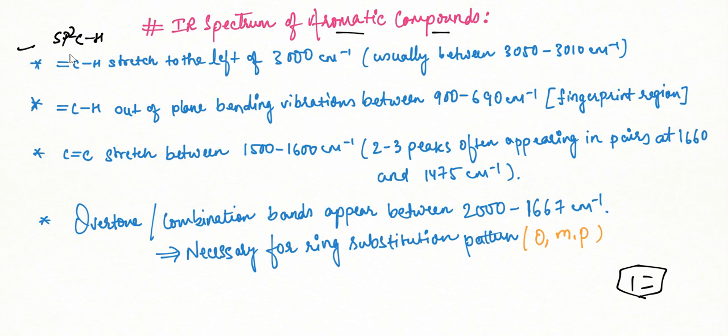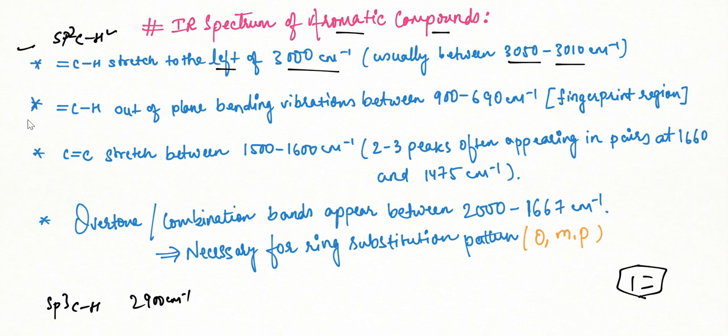We know the sp3 carbon-hydrogen stretching was around 2900 cm⁻¹, to the right of 3000. So this must be to the left of 3000 cm⁻¹, which means greater than 3000, between 3050 and 3100 cm⁻¹.